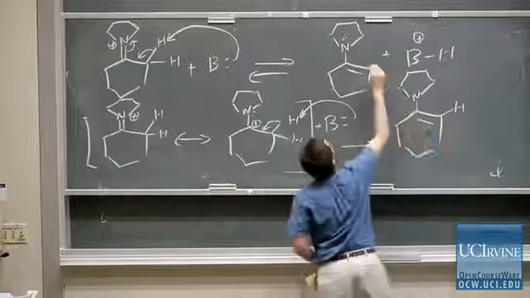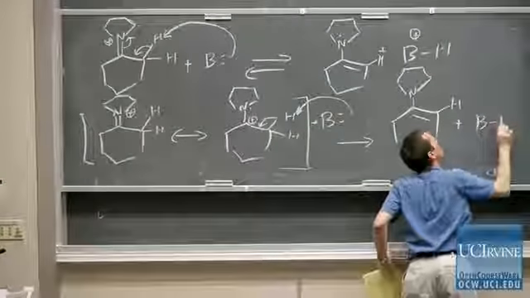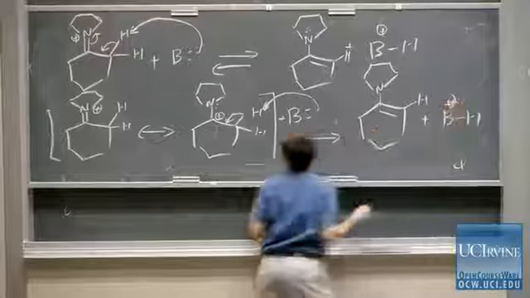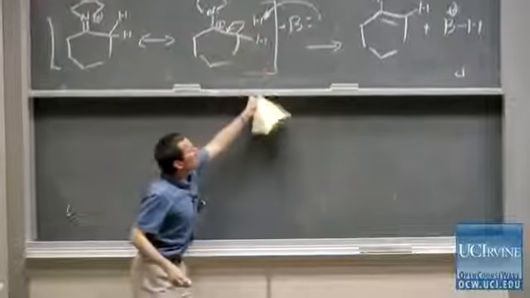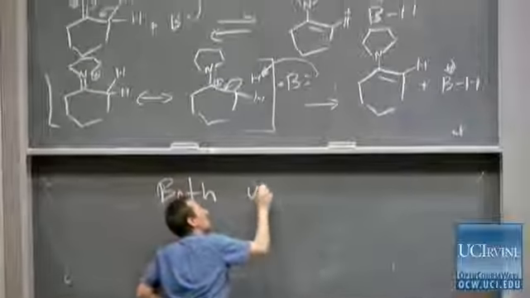And I guess if I want to keep track of my hydrogens, I will write in a hydrogen there. And now we have our protonated base. And these are both valid ways of thinking about the same thing.